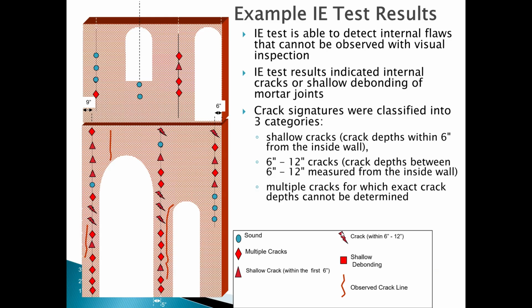And they're shown with this symbol kind of like a lightning bolt, but crack widths within 6 to 12 inches. And shallow debonding is also plotted by the square symbols. And the observed crack lines are sketched on this idealized little drawing. So that's just showing the plot of the results, location of the test lines, and things like that.